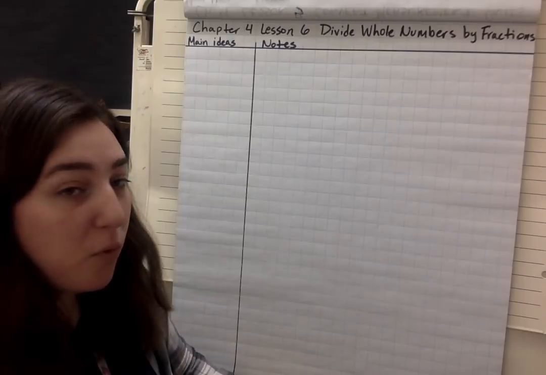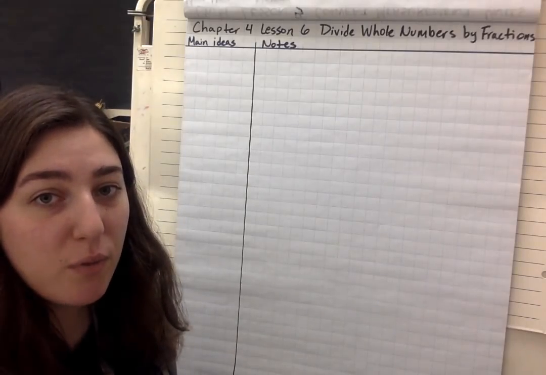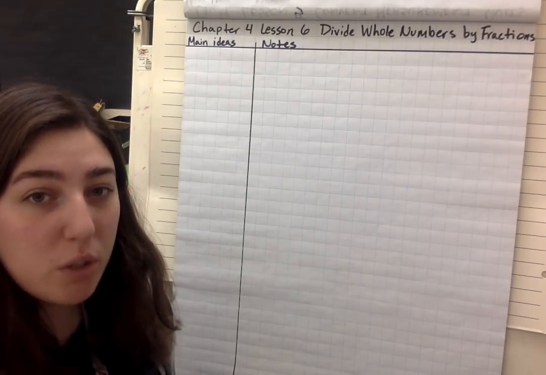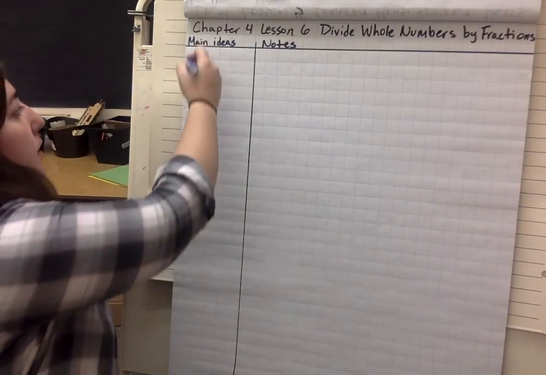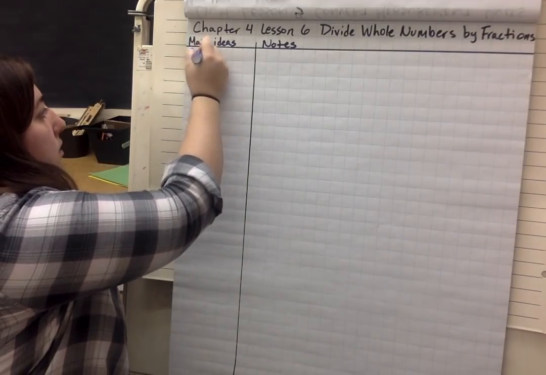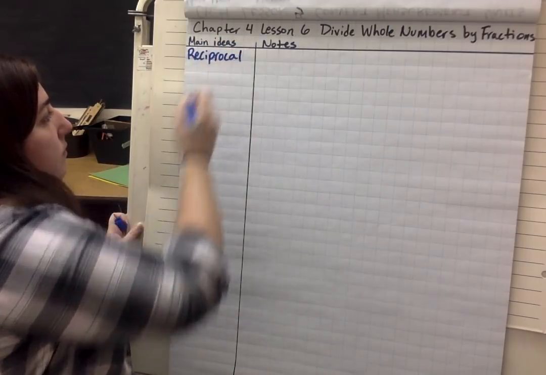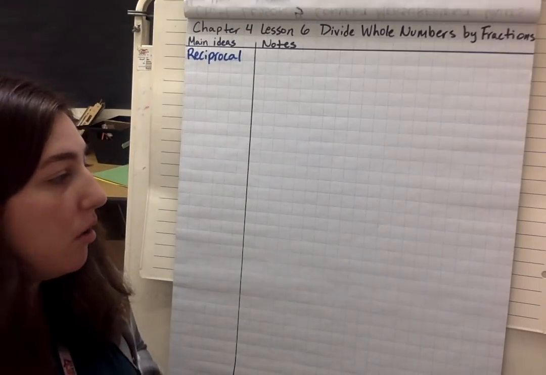So, before we get on with the lesson, we are going to be learning a pretty important vocabulary word. The word is reciprocal. Most of you have not heard this word before. So again, you pronounce this reciprocal, okay?